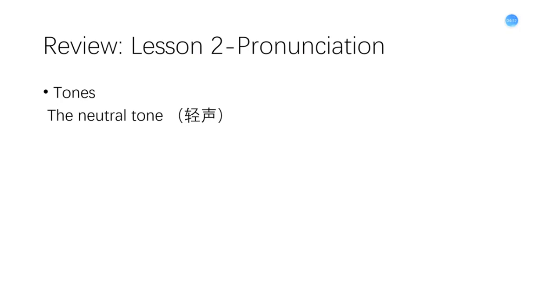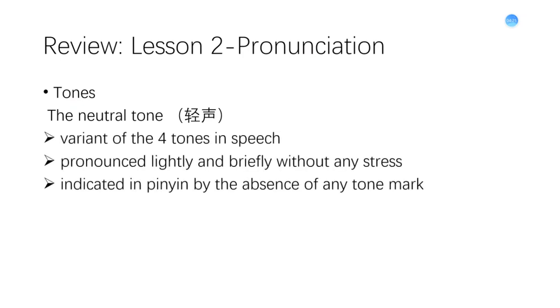Before that, there is the neutral tone, which is new knowledge about the tones. Besides the four tones, there is still a kind of change of the four tones. We say this neutral tone is a variant of the four tones in speech. When we speak in language practice, there is a kind of change in our speech of the four tones, and we call this a neutral tone. But the neutral tone is not a fifth kind of tone.